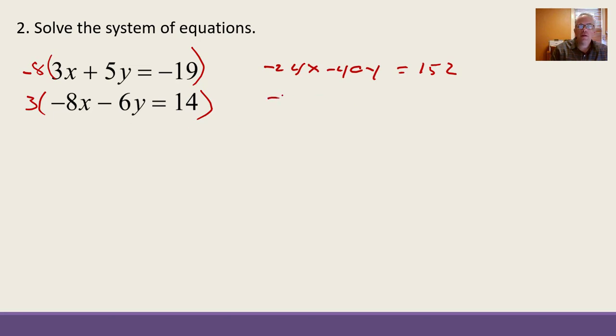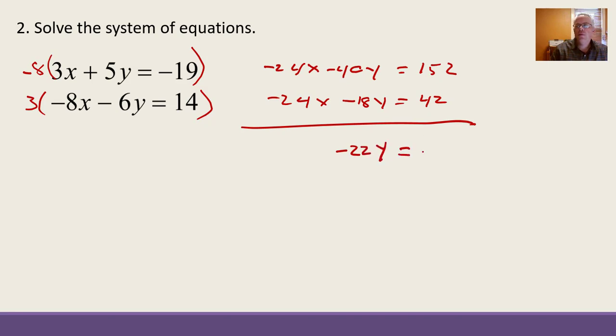And here we're going to get 24x minus 18y equals 42. The x coefficients are equal, so when we subtract them, it should be 0. Negative 24 minus a negative 24 is the same as negative 24 plus 24, which is 0. Negative 40y minus a negative 18y is negative 22y. And 152 minus 42 is 110.